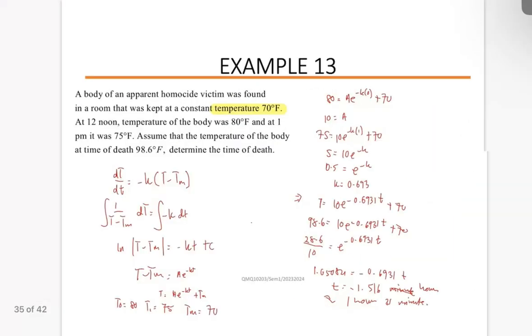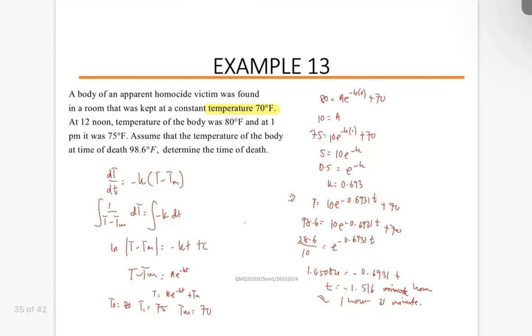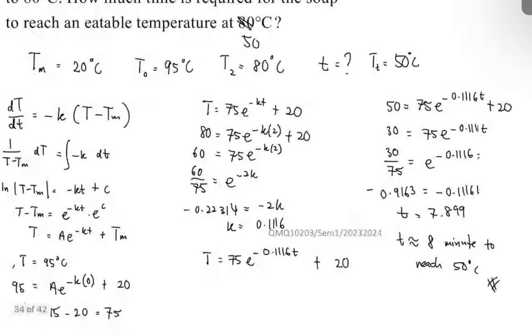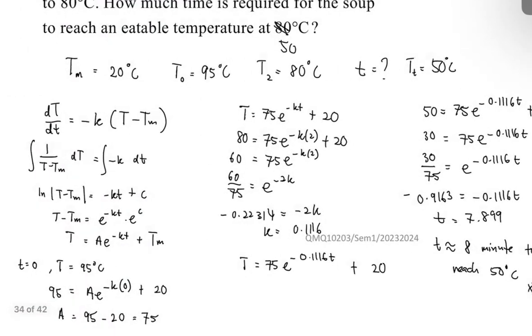All right, do you have any questions? No, sir, about the last equation, did the exponent c turn into A? Which one?